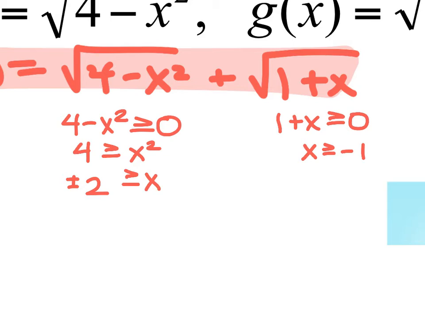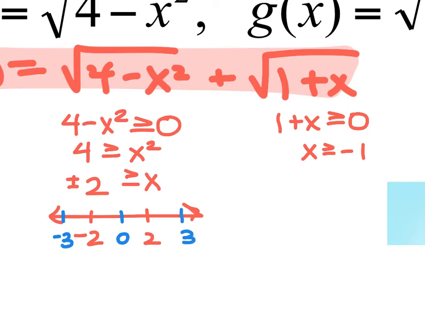But this is where you have to use a number line and test points. So if my zeros are at negative 2 and 2, I have to figure out what ranges of this number line work for this inequality. So I'm going to plug in a point that is less than negative 2, in between negative 2 and 2, and then greater than 2, and see which of them works.